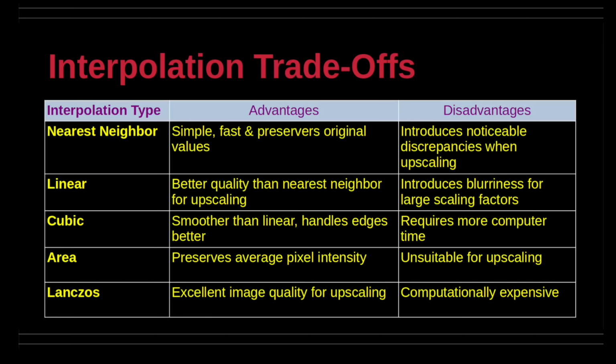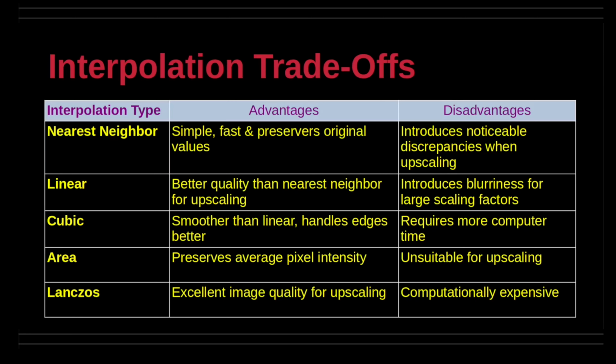Nearest neighbor interpolation. The pros are simple, fast, and preserves original pixel values. Cons are introduces noticeable artifacts, especially when upscaling. The next method is bilinear interpolation. The pros are better quality than nearest neighbor, especially for upscaling.